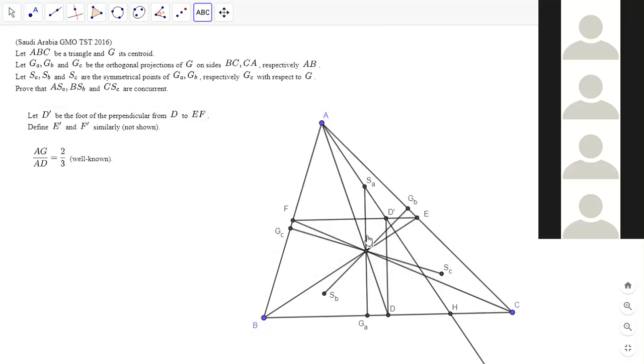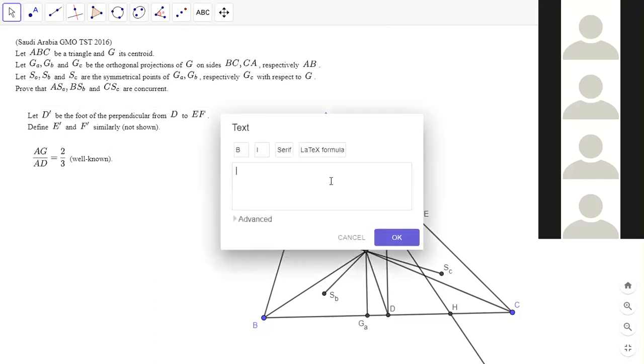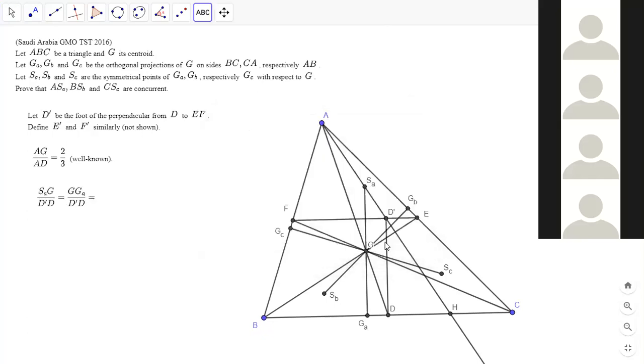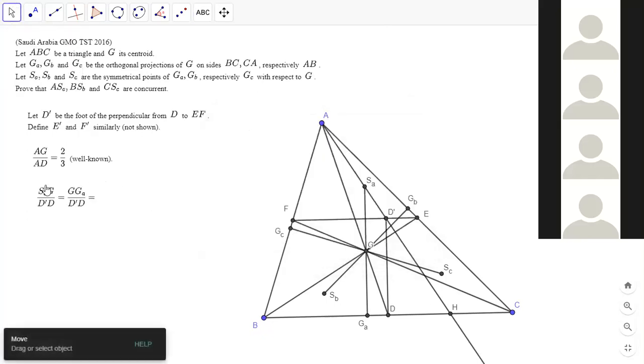And then we also can try to calculate S_AG over D prime D, which is GA over D prime D. Let H_A be the length of the altitude from A to BC.